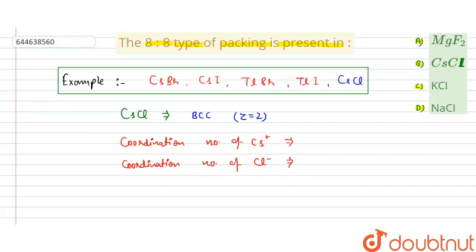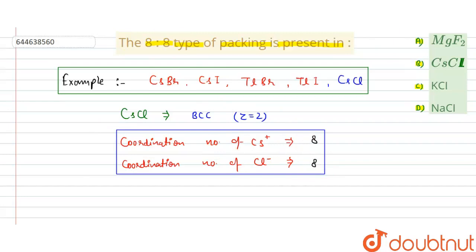So what are these values? This value is equal to 8 and this value is equal to 8. We take a 3D type of structure and then we can see that in CsCl the coordination number of Cs+ is 8 and also Cl minus is equal to 8. So that's why the answer of the problem is CsCl. So which of the following options is correct? Option B is the correct option.